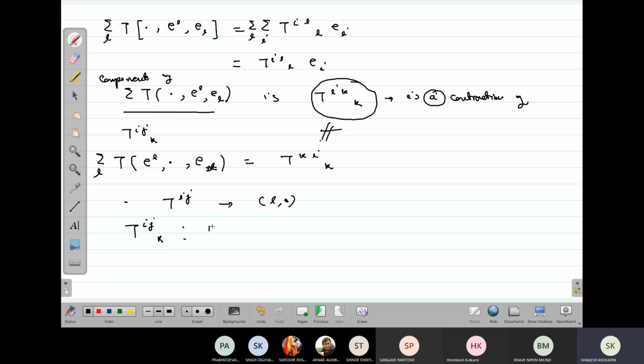So one contraction is T^{kj}_k, with a summation over k. Another contraction is T^{ik}_k. These two contractions are not the same in general. If it happens that this tensor is symmetric in the upper two indices, that means T^{ij}_k is equal to T^{ji}_k, then these two are the same. So you can see you need this index.